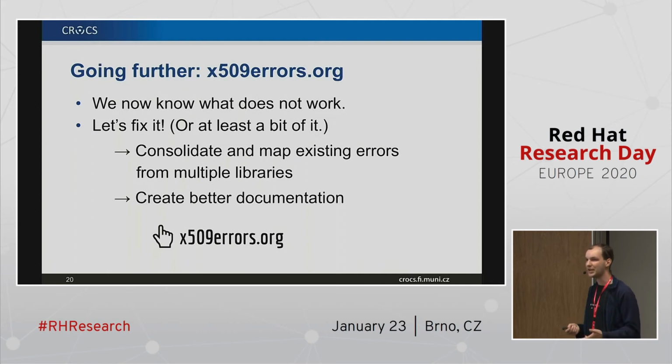So now, knowing that errors are problematic and knowing what people understand or not understand, and that we can do something about it because the documentation that we designed actually works better, we decided to try to improve the current situation by consolidating and mapping the existing errors from multiple libraries.